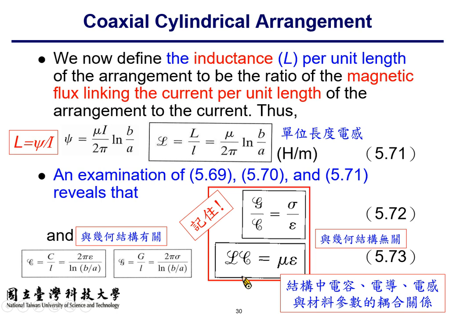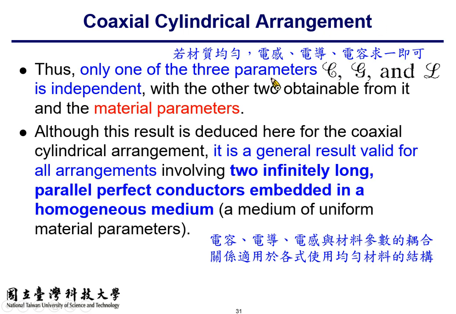So you don't have to find all 3 parameters. Only one of the 3 is independent, with the other 2 obtainable from it, as long as you know the material properties.